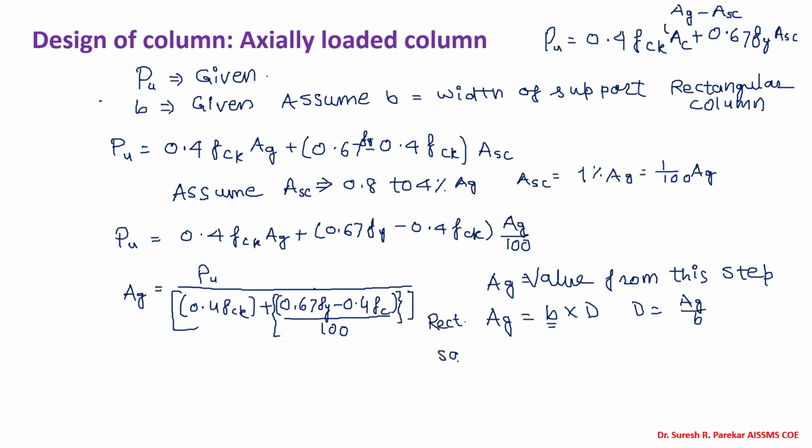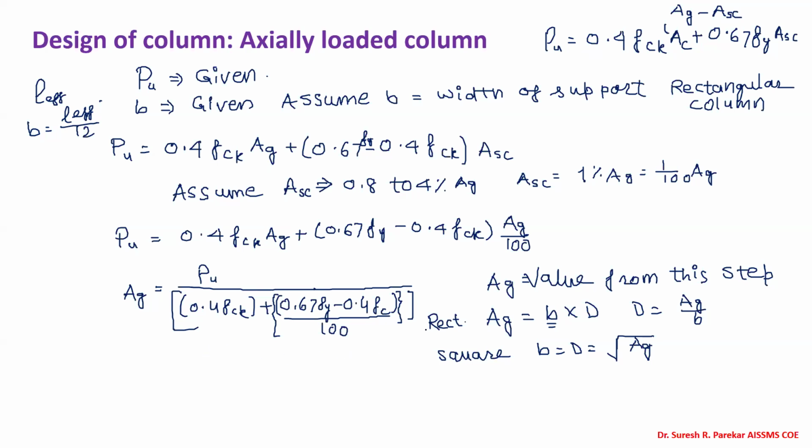For square, we can have B equal to D, which is equal to under root of Ag. So from this, we are going to get the dimensions of the column. Sometimes you may be given L effective, then also we can get B equal to L effective by 12, and with knowing B, we can calculate D.